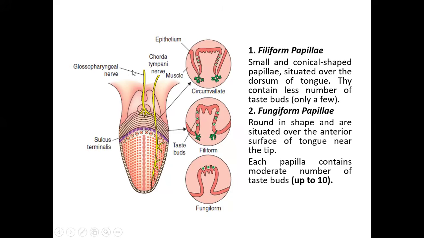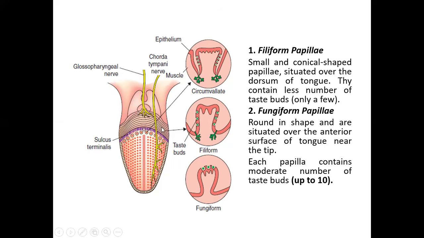You can see that we also have nerve endings or nerve fibers that connect to the tongue and transmit electric signals to areas of the brain that can interpret the information. So I'm going to find there's the glossopharyngeal nerve, there's the chorda tympani nerve, and you're going to find there's also the sulcus terminalis.